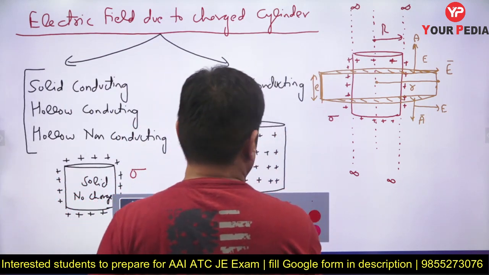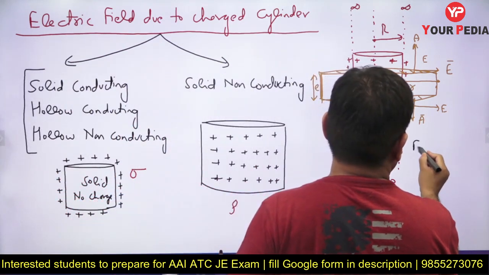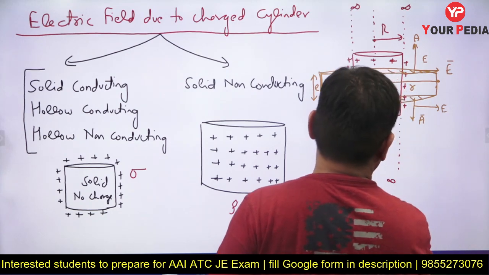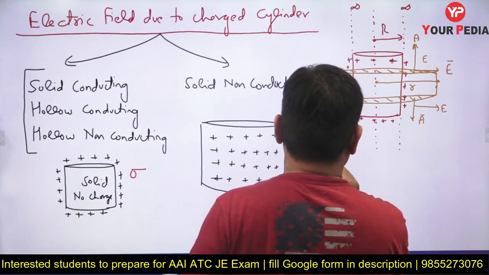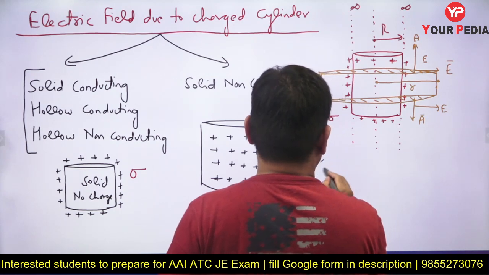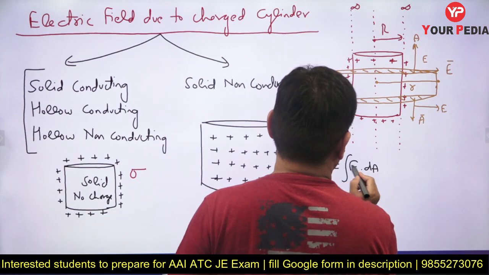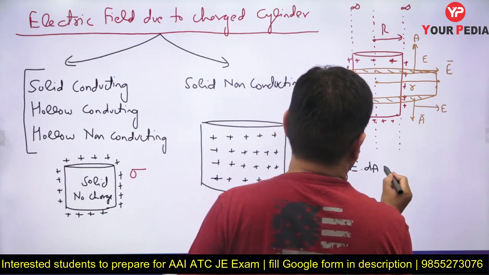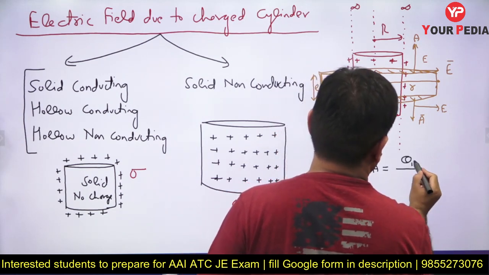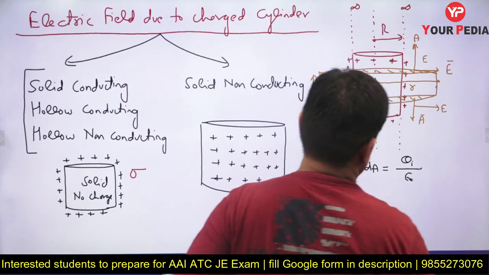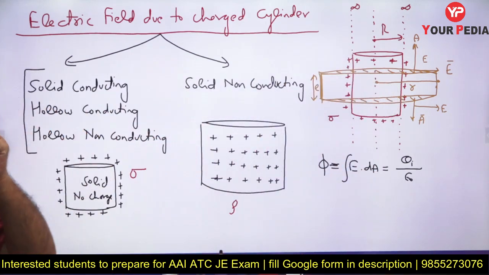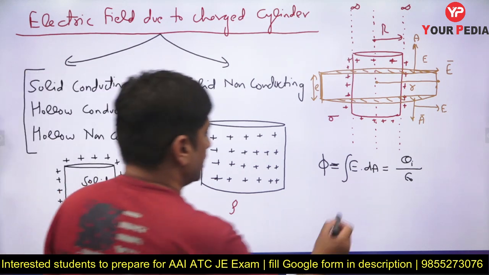The formula we have is the integral of E dot dA is equal to Q in over epsilon naught. That is the formula for this particular electric flux. E dot dA is Q by epsilon naught.